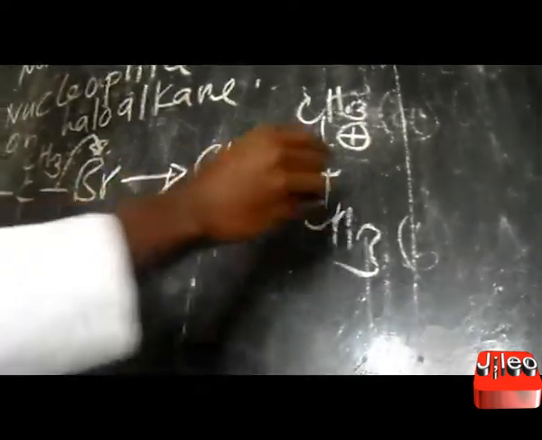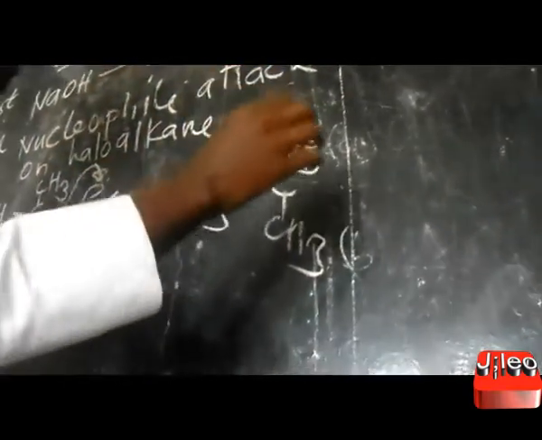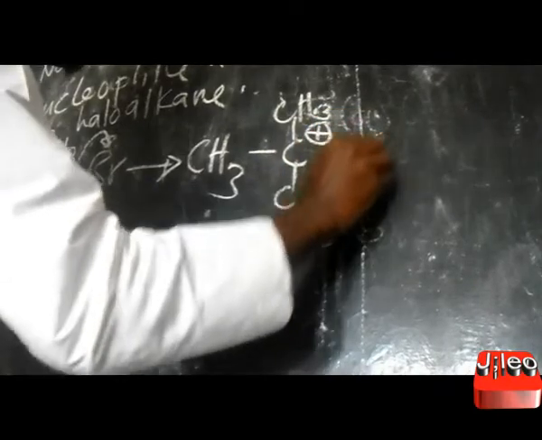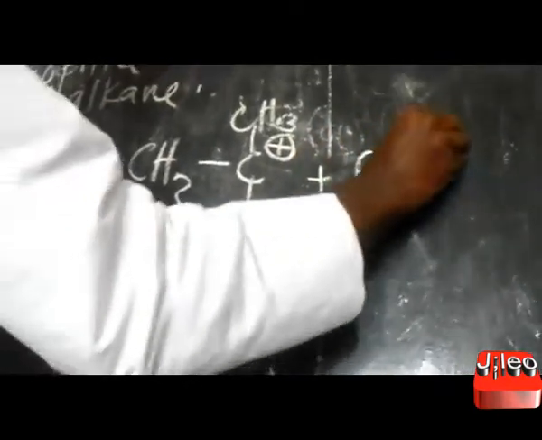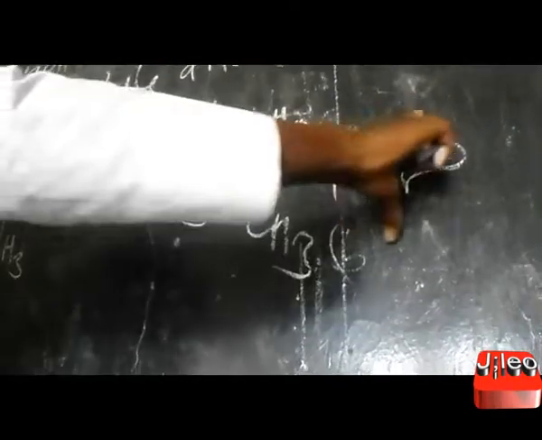The leaving group, bromine, has had the bond between the carbon and the bromine broken. So now we form this carbocation plus bromine, which is negative in charge. We have this carbocation, and also this bromine, which is a good leaving group.